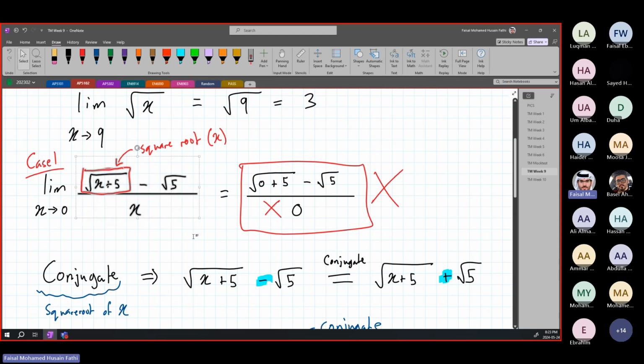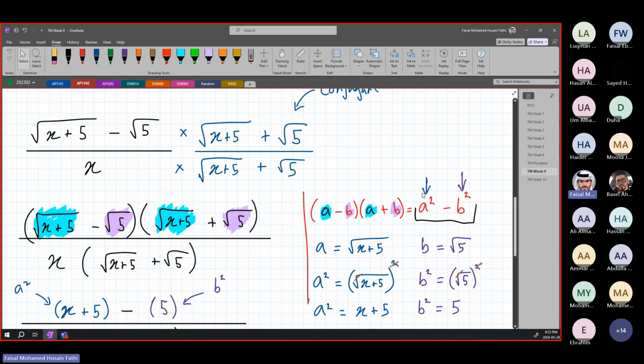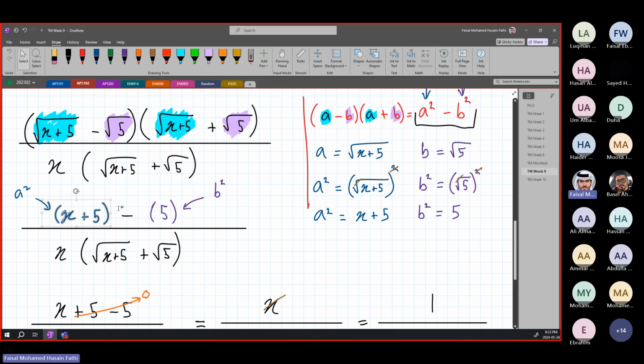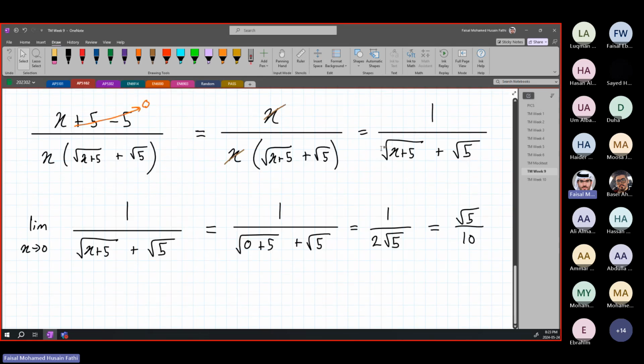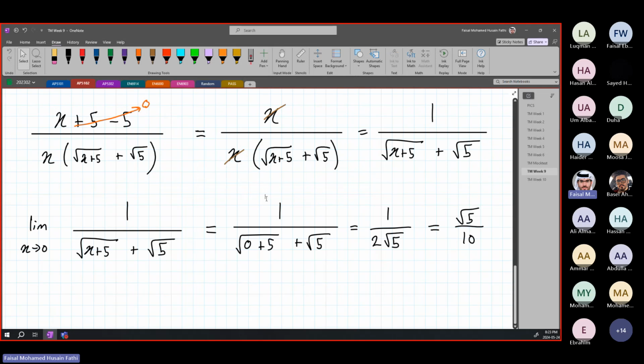So when you have this form, you can apply the conjugate, multiply it up and down, and simplify it using the equation a minus b times a plus b. All right, this is always your a value and this is your b value. You square them both and you will get this minus, it is always minus b squared, which is 5. Then you simplify this equation all the way until you find it in a form where something in the numerator will cancel with something in the denominator, and then you get your answer.